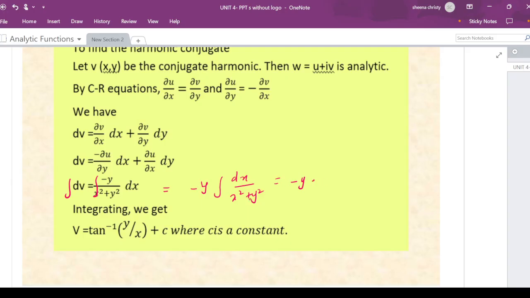What is a here? The constant is y. So 1 by y into tan inverse of x by y. Therefore y gets cancelled, and you are going to have minus tan inverse of x by y.